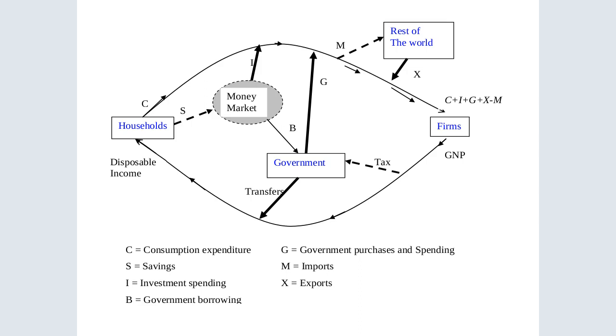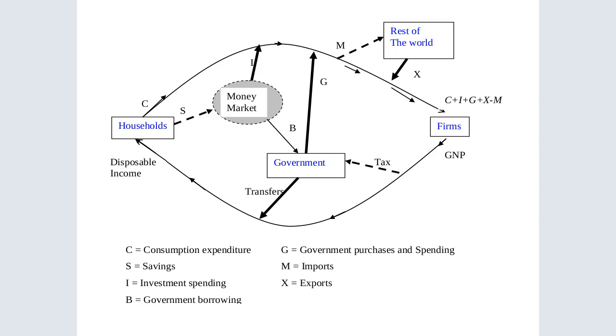So we also have the external sector, that is the rest of the world. If you can see the external sector, we have M. M refers to imports. So we spend some of our money to import goods and services from outside the country.